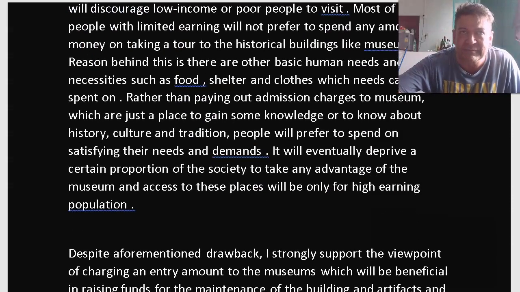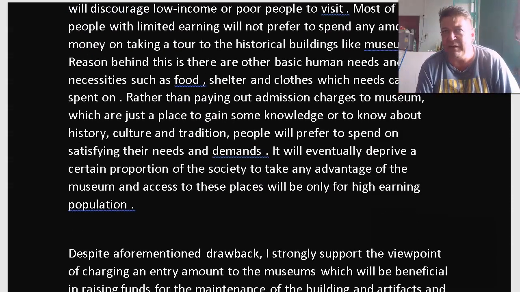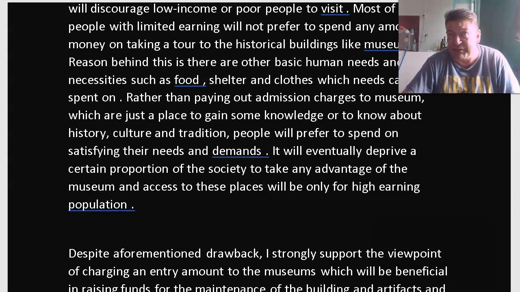Well, okay. "It will eventually, no, it does, deprive a certain proportion of the society to take any advantage of the museum." Well, "to take advantage of" is negative. Anyway, point being is that you don't explain. That's not explaining why it is a disadvantage socially to keep the poor people out.